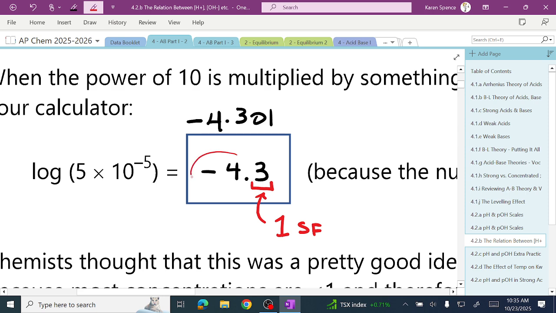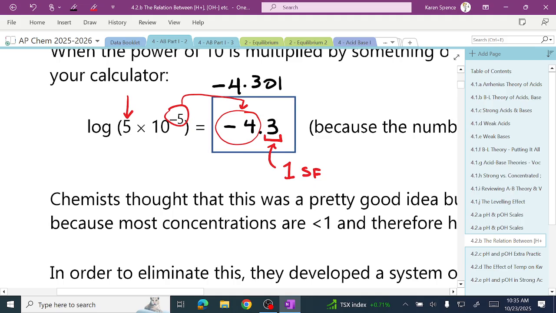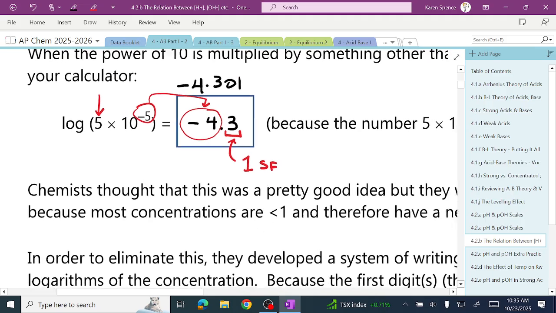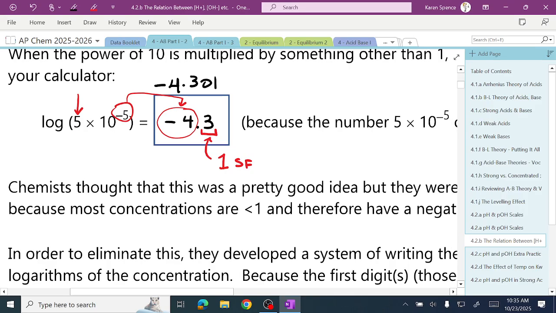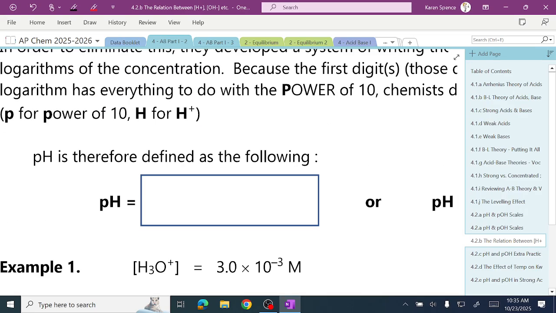Because this negative 4 actually relates to this negative 5. It's just because this number is bigger than 1, we end up with the number being 1 greater or less or whatever it is. Okay, don't worry about it. Don't think about it too hard. Just keep moving.